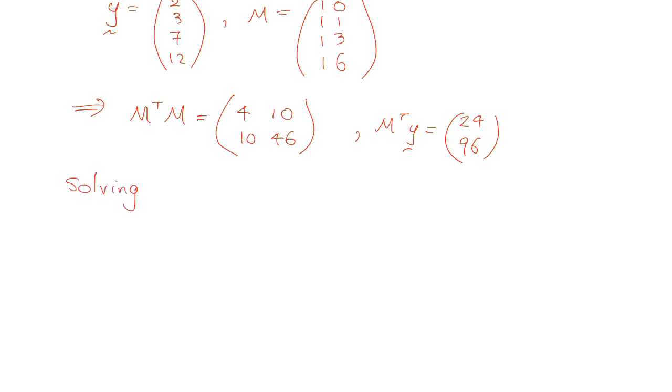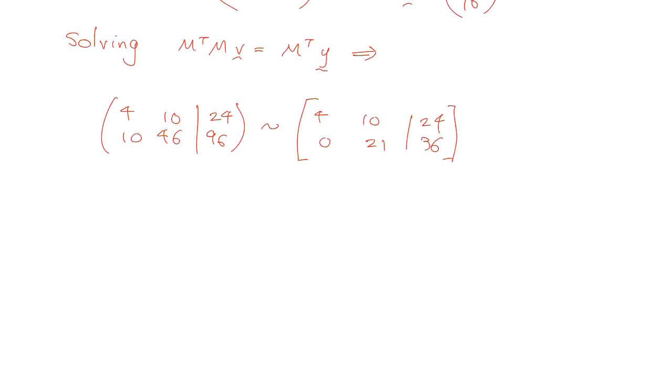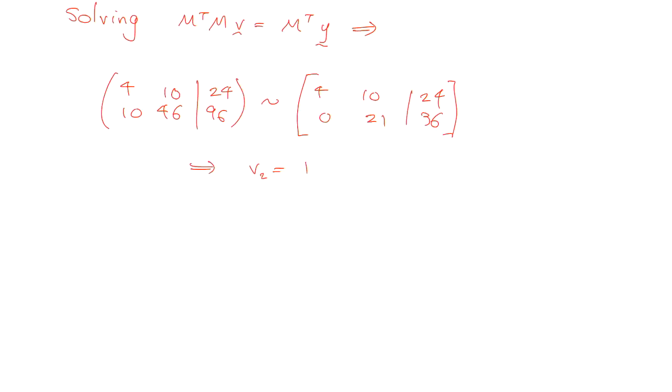If you solve the corresponding normal equations, m transpose m v equals m transpose y, you find that 4, 10, 10, 46 augmented with 24, 96 gives you 4, 10, 0, 21, 24, 36. And so V2 is 12 on 7, and V1 is 12 on 7.